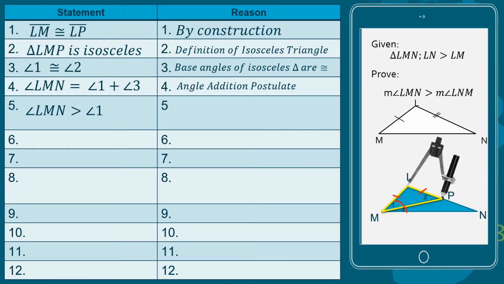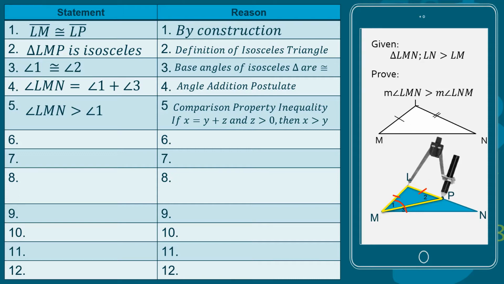Angle LMN is greater than angle 1. And the reason is by comparison property of inequality. It states that if x is equal to y plus z and z is greater than 0, then x is greater than y. So that's why we have angle LMN is greater than angle 1.